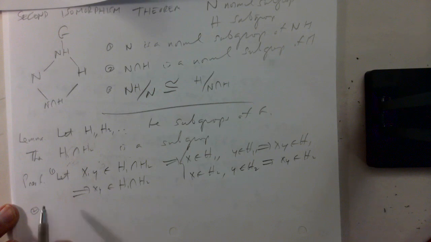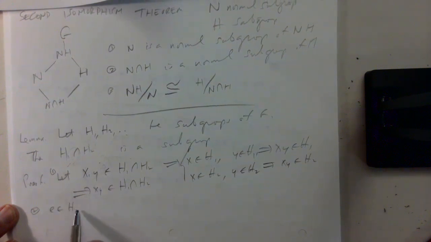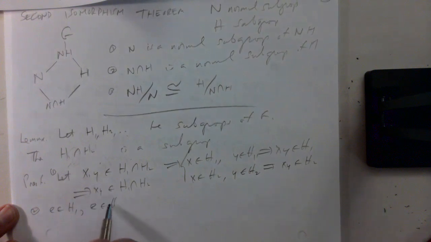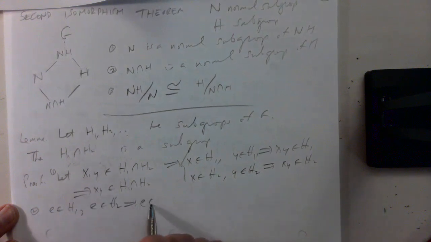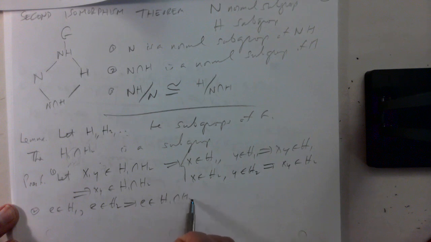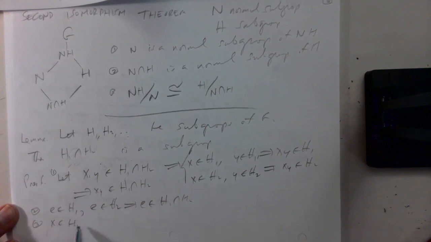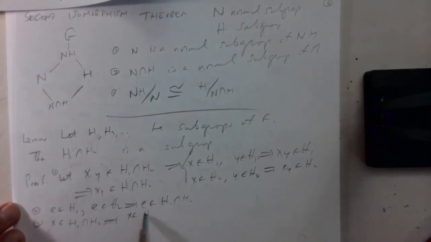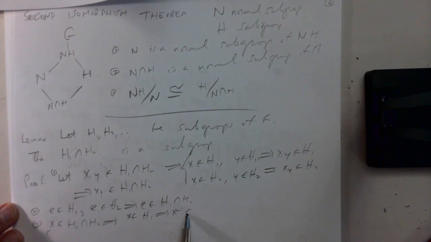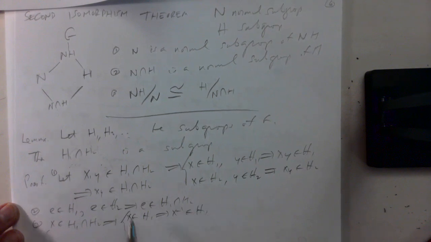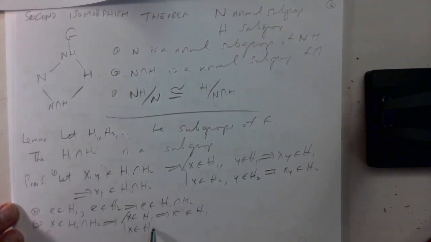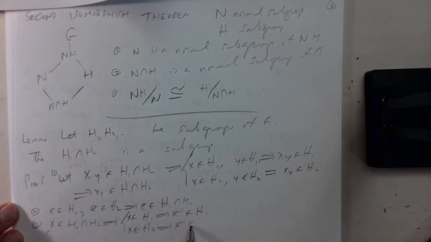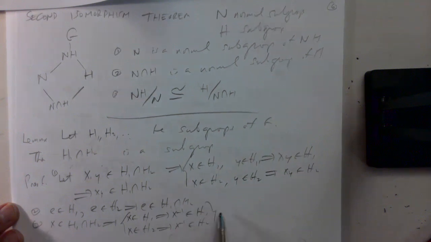Second, of course, if H1 and H2 are subgroups, each of them contains the identity. So the identity is in H1 intersect H2. And finally, if x is in H1 intersect H2, then x is in H1, so x inverse is in H1. x is also in H2, so x inverse is in H2.